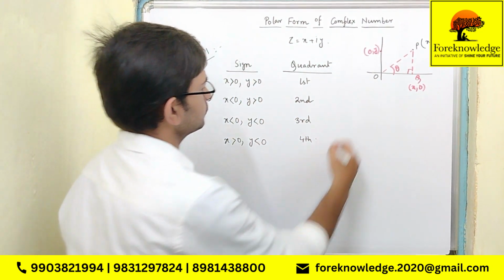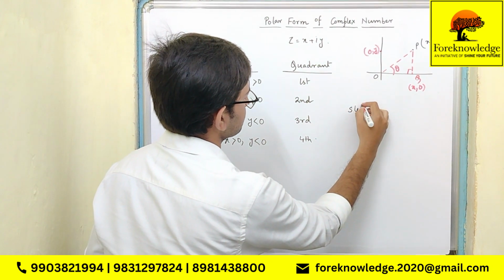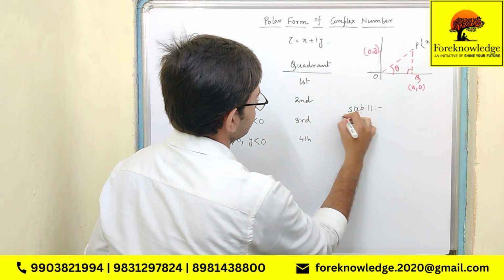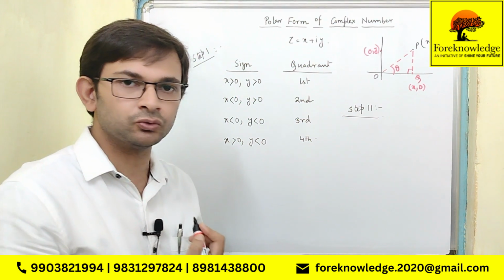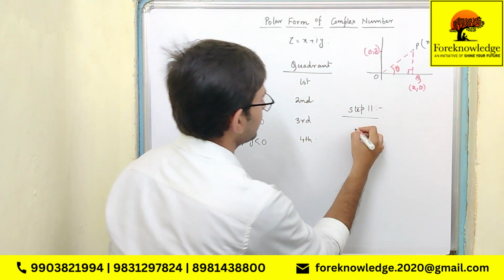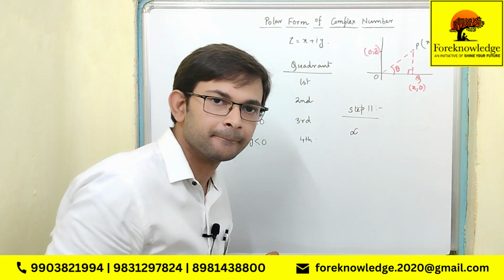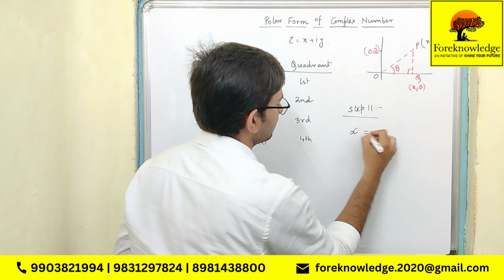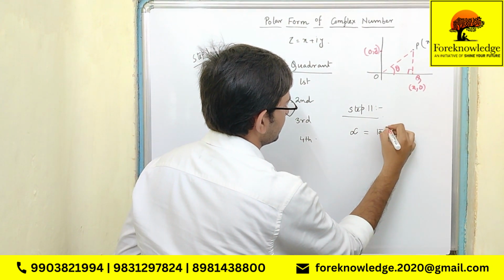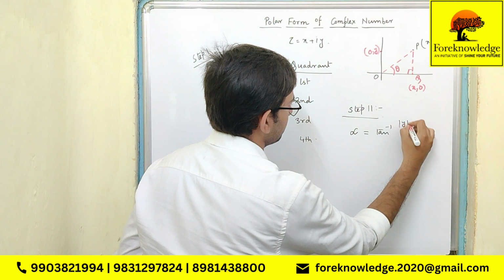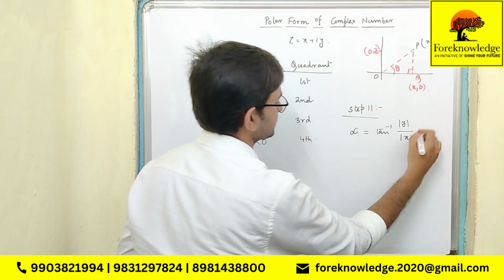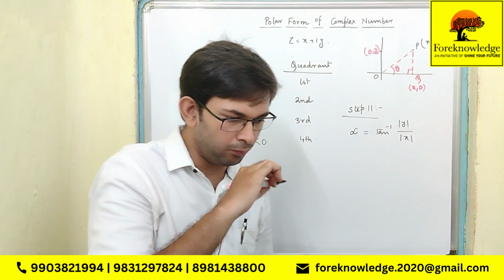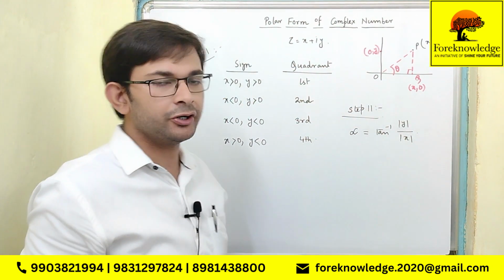Now step 2. What is step 2? In step 2, you need to find an alpha angle. How? Using tan inverse mod y by mod x. Why the modulus value?